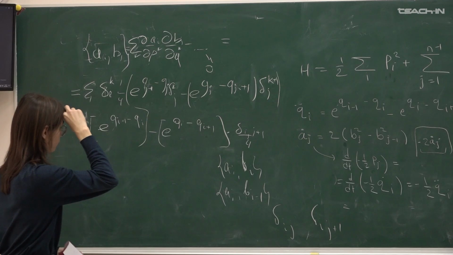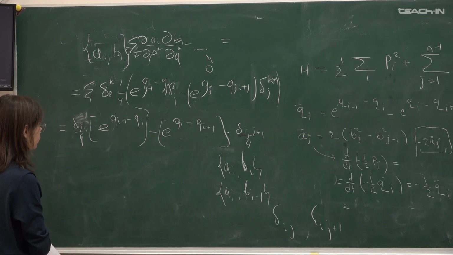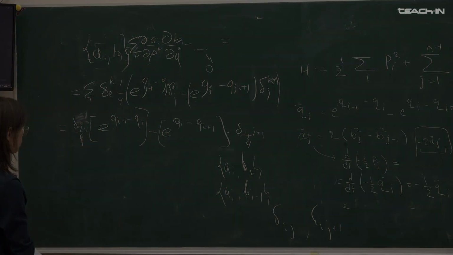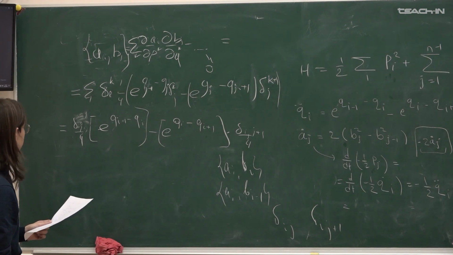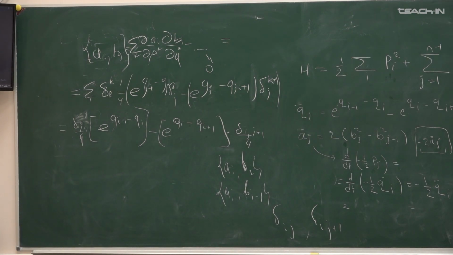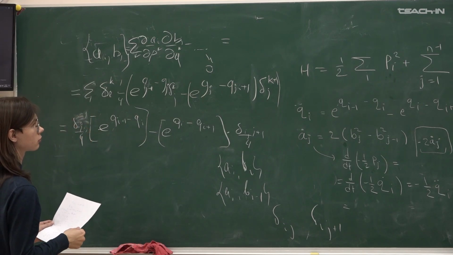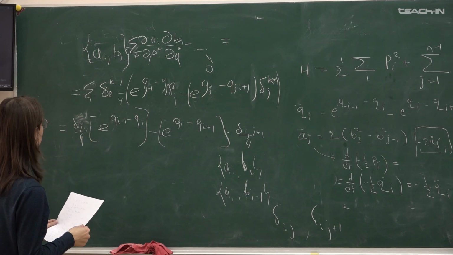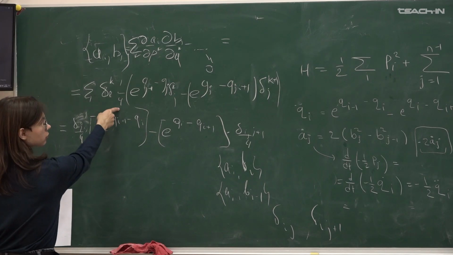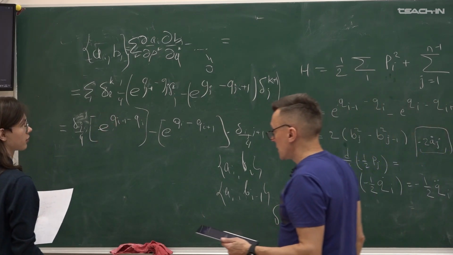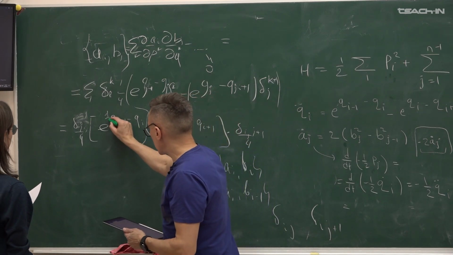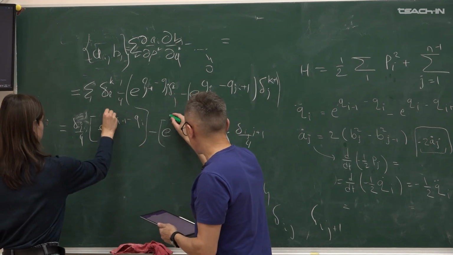Okay, let me compare with my calculations. Yes, there are some mistakes, because here you have 1 over 2, 1 over 2 in B. Yes, but you have to keep here else 1 over 2.